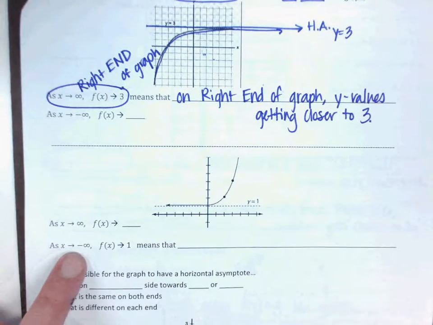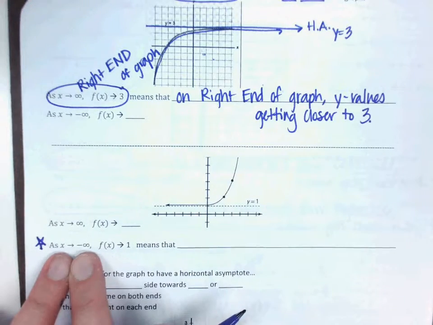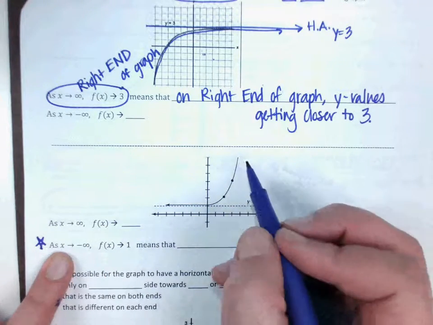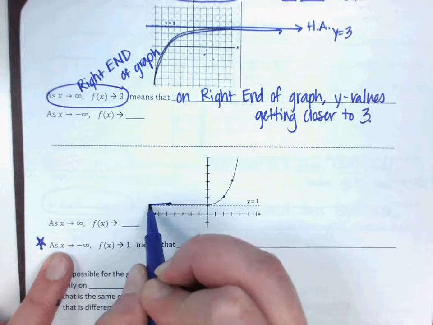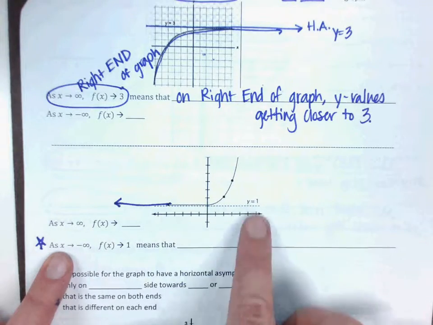As x goes to negative infinity, what end of the graph do you guess that we're looking at? Instead of the right end, we're going to be looking on the left end of the graph. So look at my graph. As I trace towards the left end of the graph, where is it going to end up getting stopped that it cannot go past? 1.